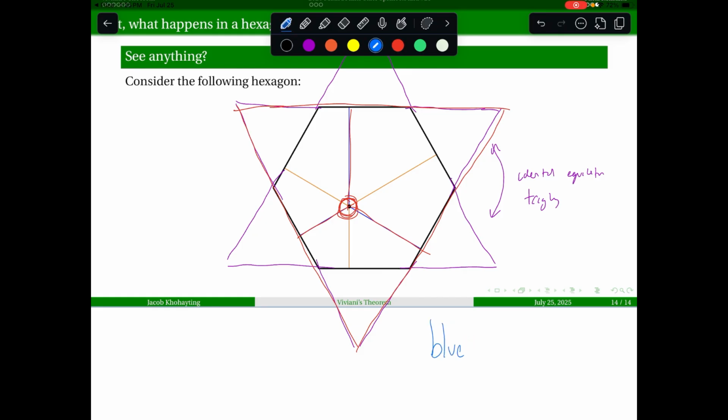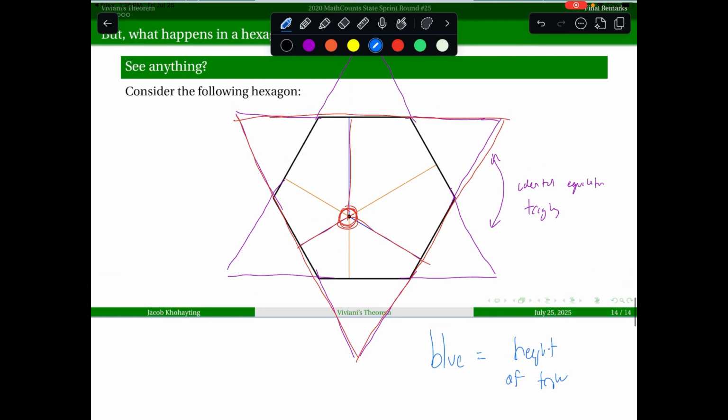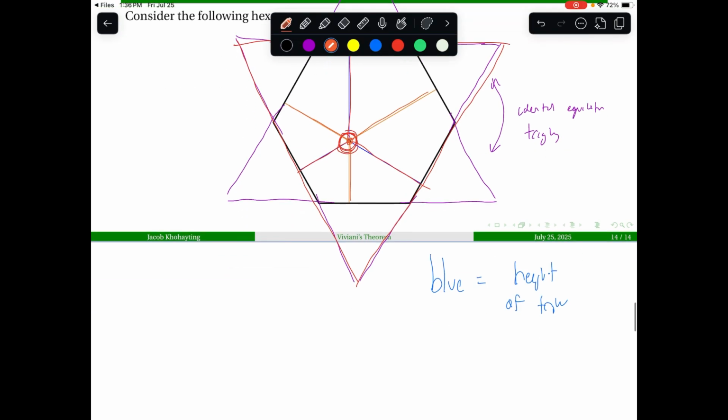The blue is equal to the height of the equilateral triangle. And the orange length, well, that's just the distances in the other equilateral triangle. So orange is also equal to the height of the triangle. So these are the same. So the blue equals the orange.